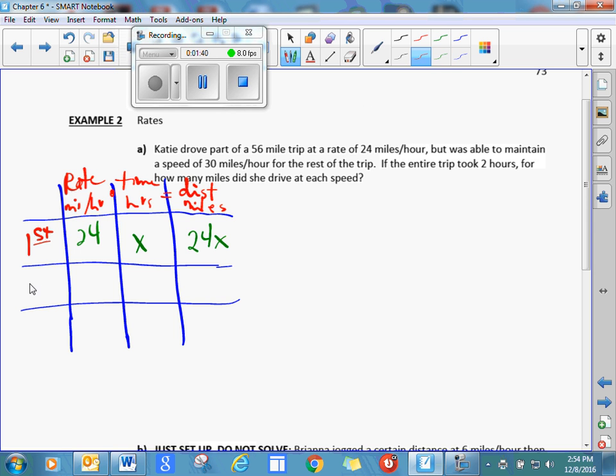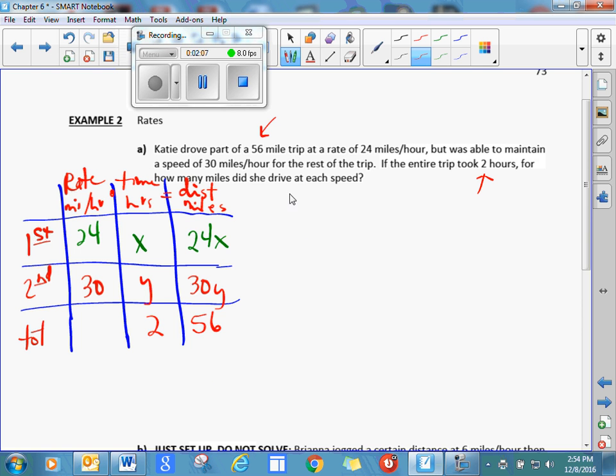Second part of her trip went a little bit faster, 30 miles per hour. We're going to let that be y, and the distance covered there is 30y. Our last line, our total, we know the total time was 2 hours. And we know the total distance was 56 miles. So our chart's filled in.